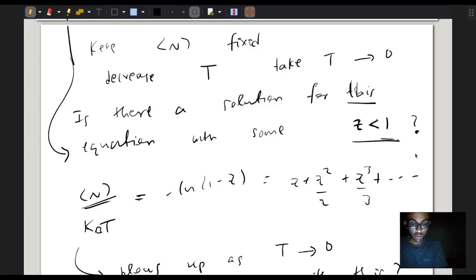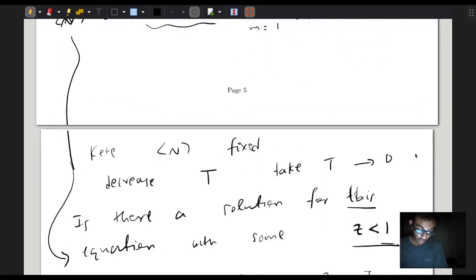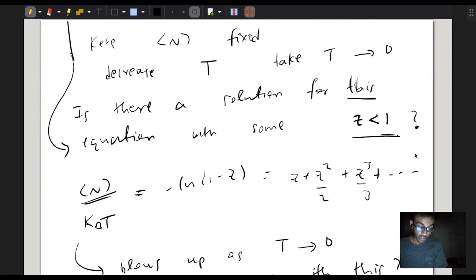So replacing the sum with the integral there is very problematic for low temperatures because we're going to miss out on the contributions of any state near e equal to zero. But for the case of a two-dimensional gas, the density of states is constant.